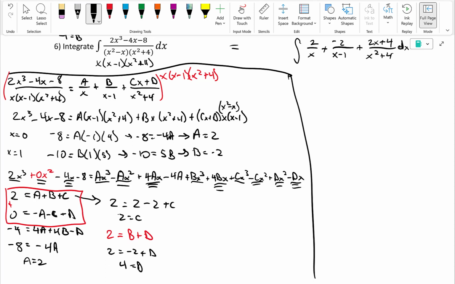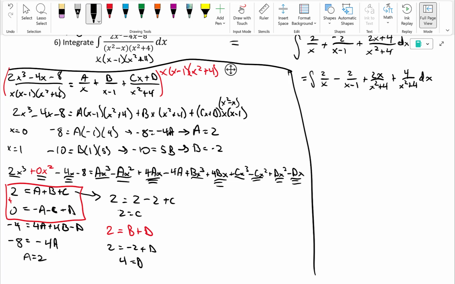All right, and so this will be a common occurrence with the linear numerators when you get two terms. We're going to want to split those into two different integrals. So 2 over x minus 2 over x minus 1 plus 2x over x squared plus 4 plus 4 over x squared plus 4. All right, and there's a lot of room here.